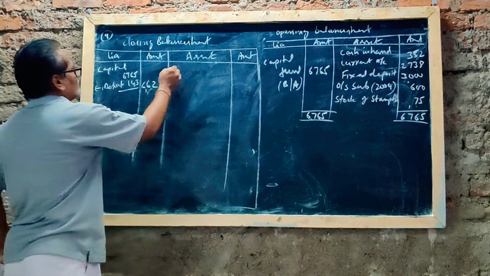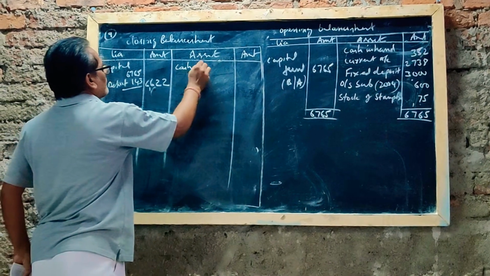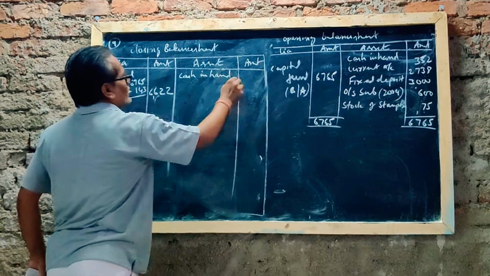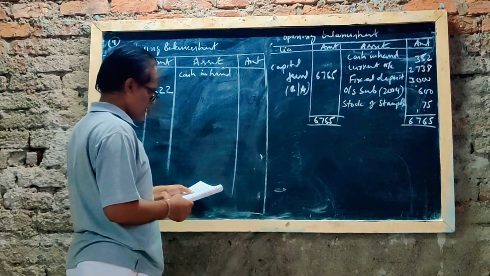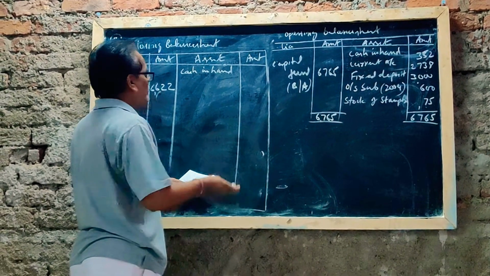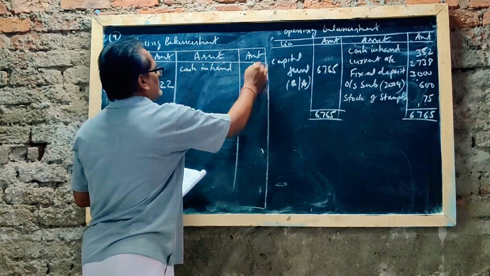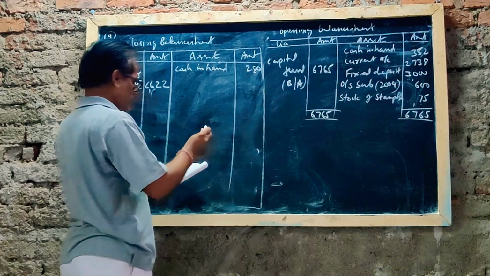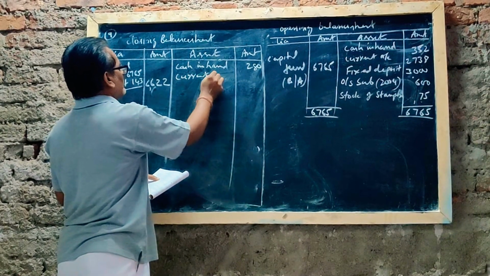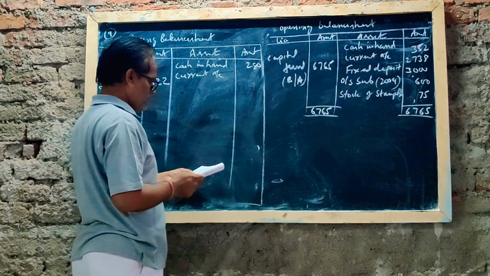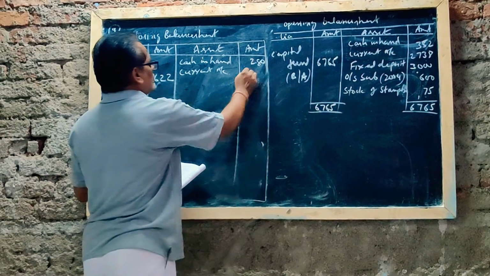Now cash in hand on the asset side. That is 352, but in closing values here, payments are last, cash in hand 280. These amounts you have to take. Current account 1302.